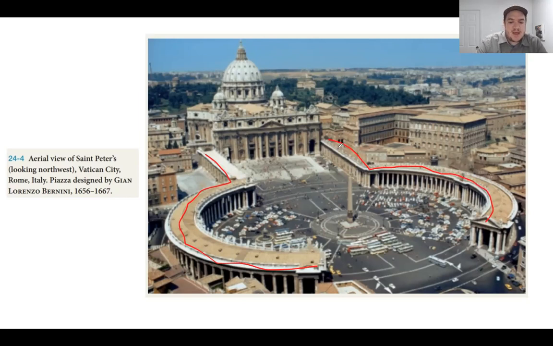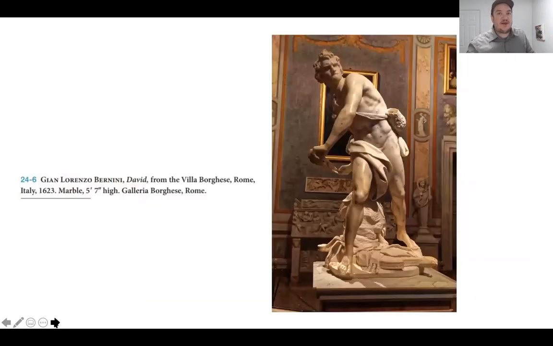He thought of them as arms reaching out from the basilica to the people and embracing them. That was the idea behind that theme. And so Bernini became the leader of art for the Baroque period.